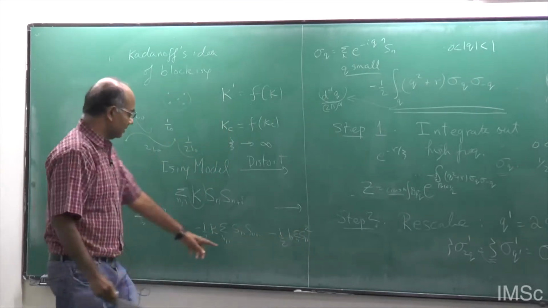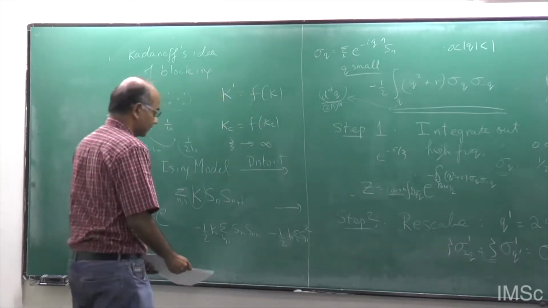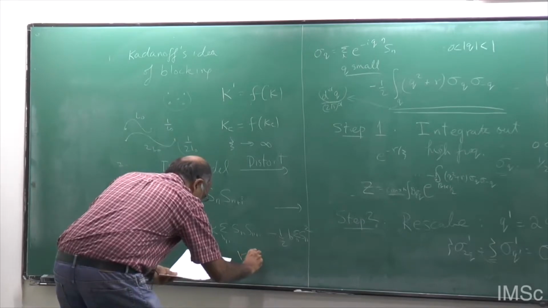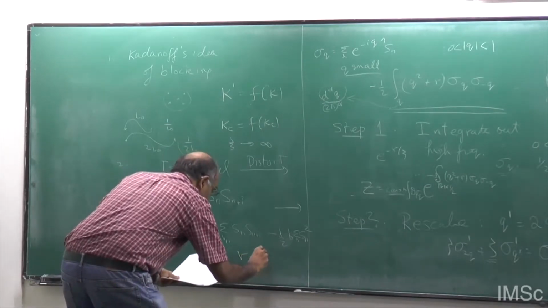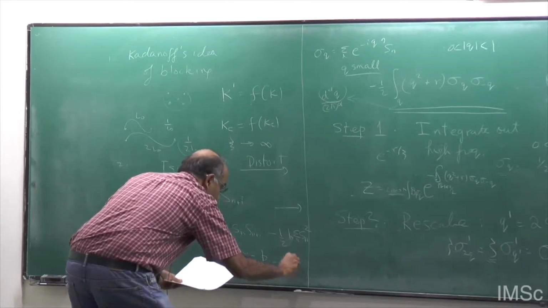So this is the model that in momentum space became this. Okay. So R is related to all this by this relation, b by k minus 2d.